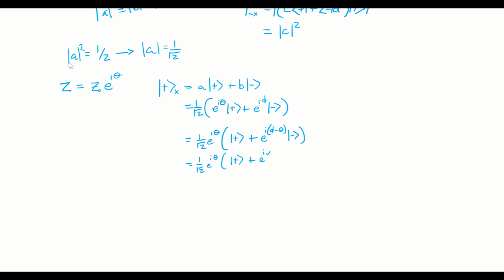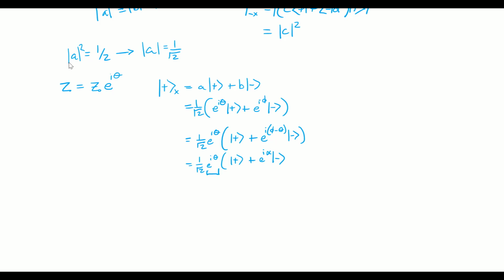And we can rewrite that just as 1 over root 2 e to the i theta times plus, plus e to the i, and we'll call this alpha, minus. It turns out this phase factor, which we call a global phase, doesn't matter. It has no physical meaning. We can get into more detail on that later, but what we're really concerned about in these state vectors is the relative phase, what this alpha is.